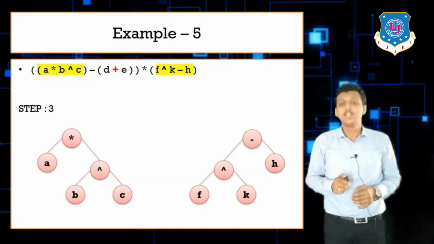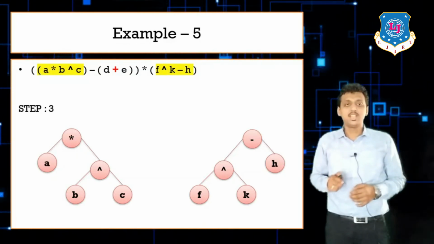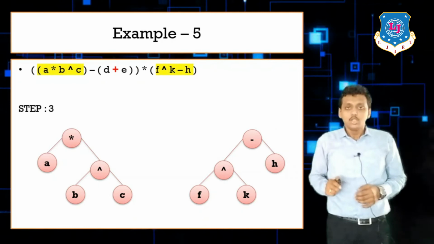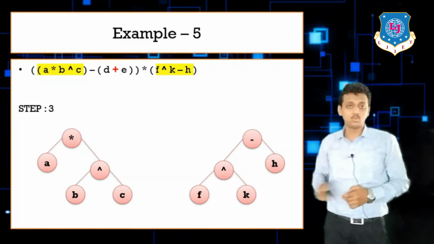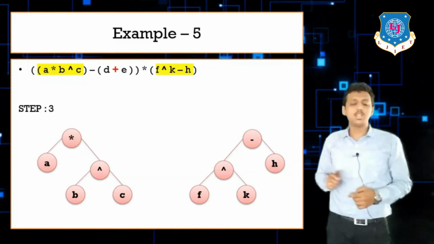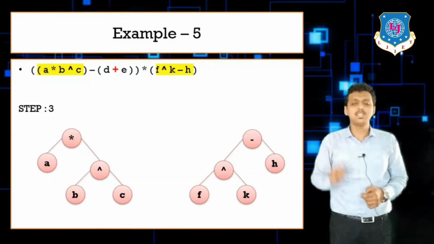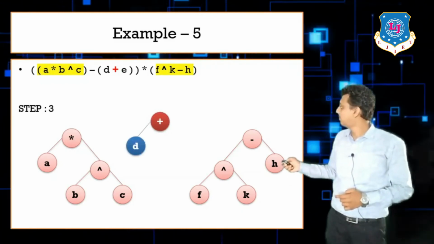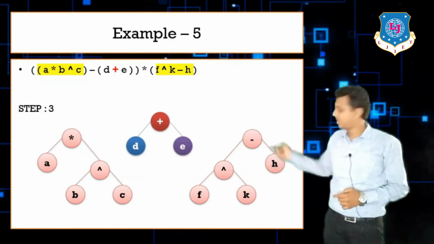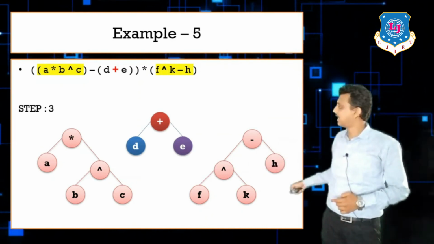I forgot to write it down, so I'm going to make it here. That is D plus E. You can also draw D plus E simultaneously with the previous two. D plus E is a total individual term, so I can write it very easily. Here it is, the plus operator, then D on the left, E on the right.